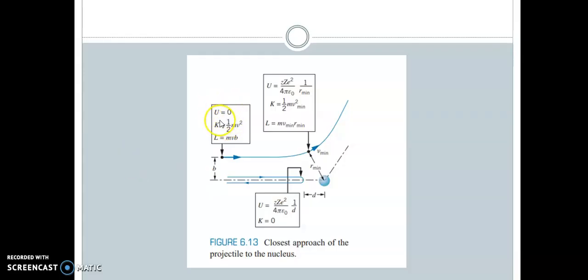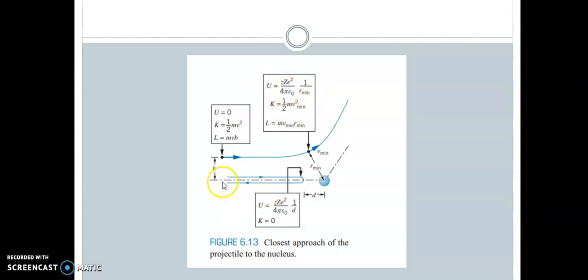Away from the nucleus, the potential energy is 0, the kinetic energy is half mv square, and the total energy is again U plus K, which is half mv square. Closer to the nucleus, the kinetic energy is minimum and the potential energy is maximum, and the total energy is the sum of those two.